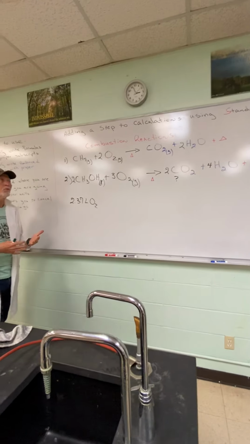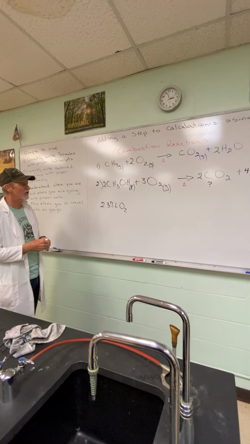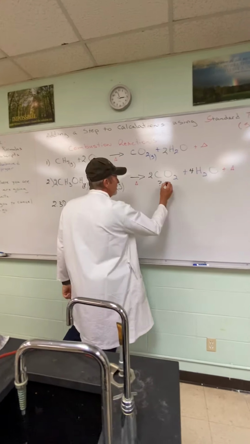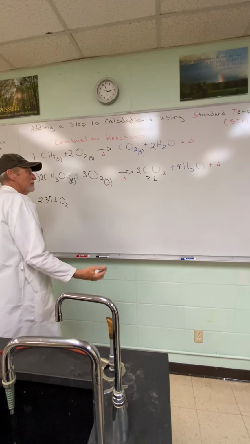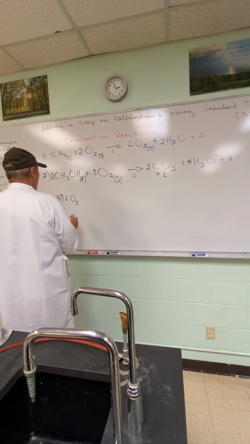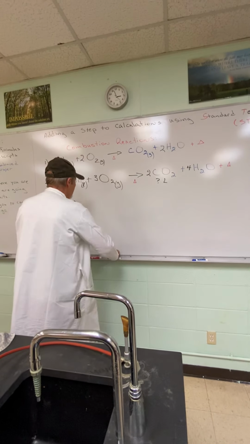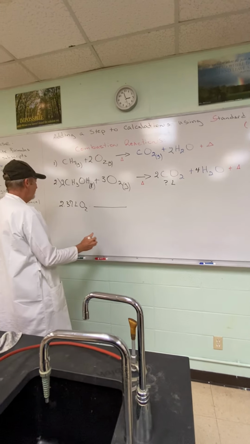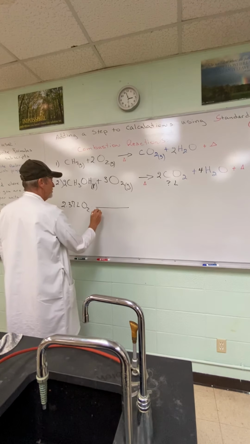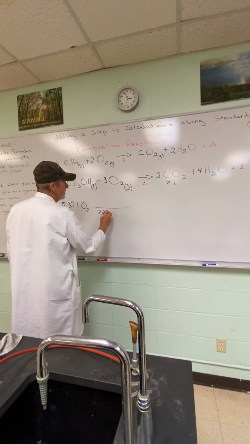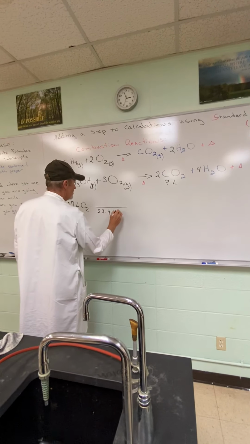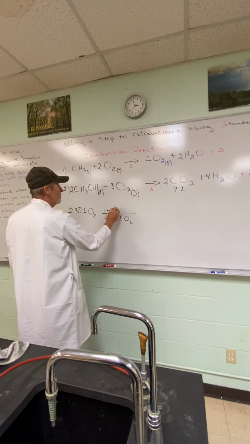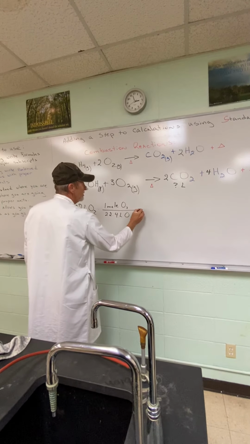Now we can incorporate our stoichiometry to solve for, say, liters of carbon dioxide. So we set up our equation. I think it's easier to see the black, so I'll use it. We've got our equivalency, which is 22.4 liters of oxygen at STP is equal to 1 mole of oxygen, which is a gas.